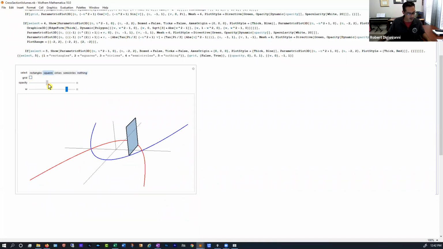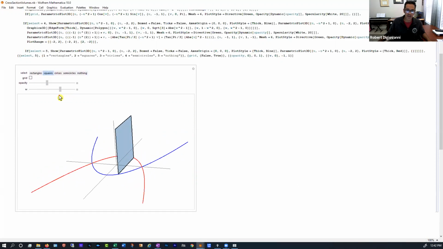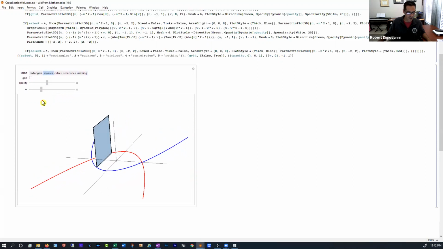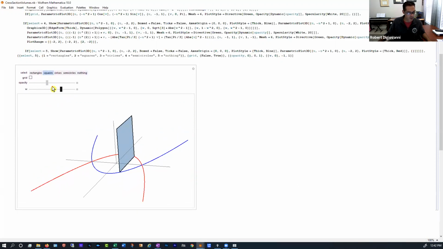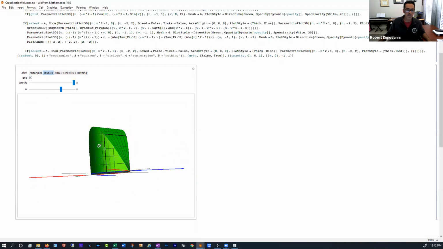Anywhere that I go here, my square gets bigger and it gets smaller as I get to the edge. If I were to put all of those together, I would get that object right there. That would be the shape that I get.